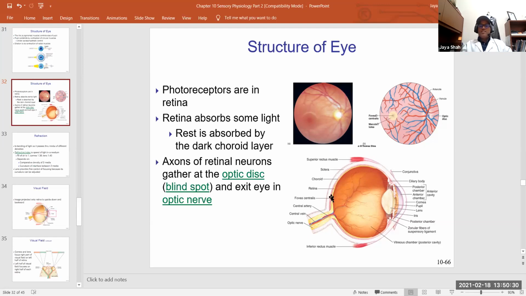And fovea centralis contains only cones. So you see here, the large is macula lutea and the small dark is fovea centralis. So write down, macula lutea contains mostly cones and fovea centralis contains only cones. So if you want to see anything very clearly, the image must fall on this fovea centralis. Okay.